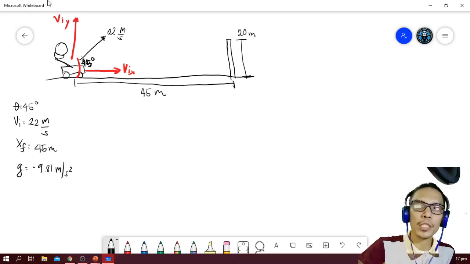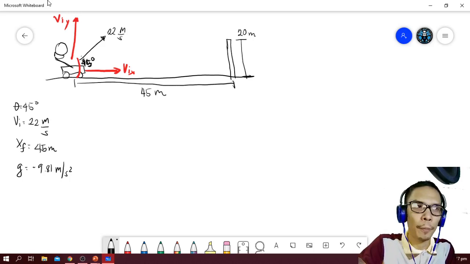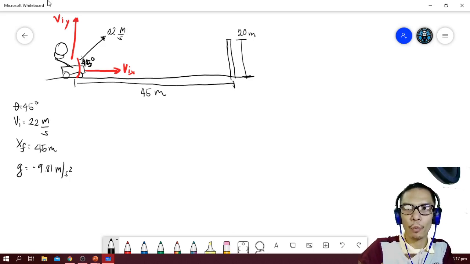Now, this is the crucial thing. The object that was launched is on level ground, and the object will go to a higher ground. So you get the point. The rock itself will go to the higher ground, 20 meters.